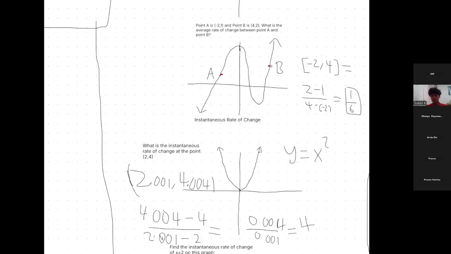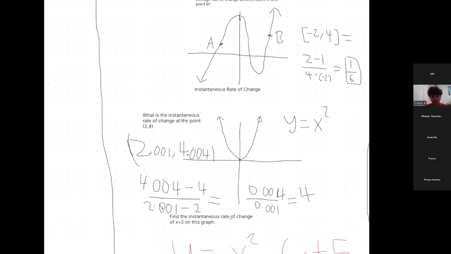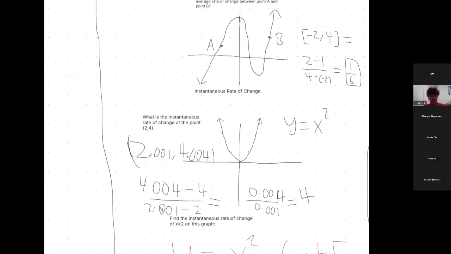In this case it's actually the exact answer, but in many other cases, you won't be able to find the exact decimal answer, and that'll require some calculus, which you'll learn in calculus. But this is a way to find approximately the instantaneous rate of change of a point, and it will be tested on in pre-cal.